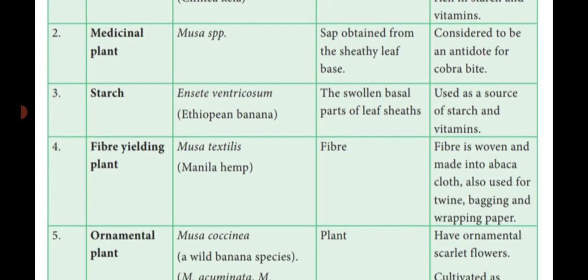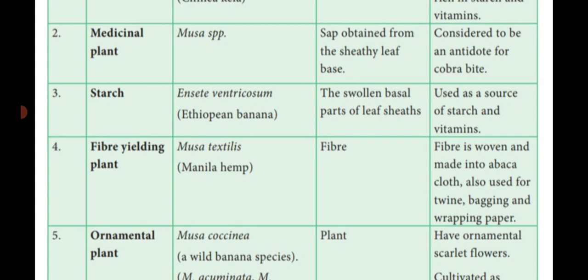Then medicinal plant: Musa species, sap, that means banana stem juice, obtained from the sheathing leaf bases. The bottom part of the leaf, if you squeeze it, comes out as water. That is said to be sap obtained from the sheathing leaf base, considered to be an antidote for cobra bite.